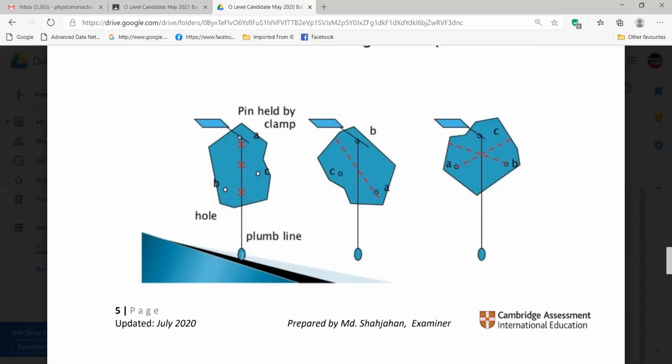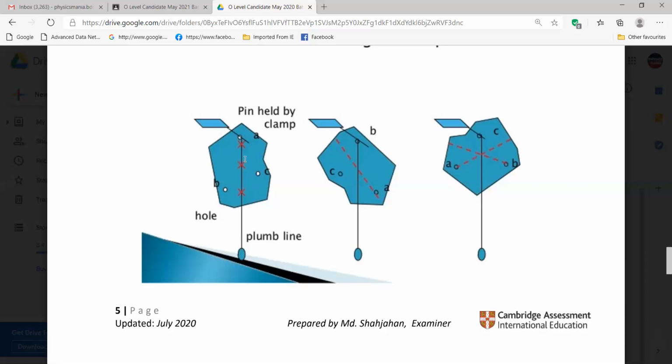And it is hung from a hole. We can take three holes randomly, and the first hole we use to hang the lamina so that it can move freely, right? Yes. The lamina can move freely and it is fixed in a place. There we will get one line, the plumb line.